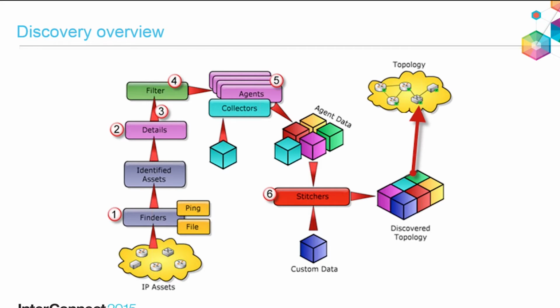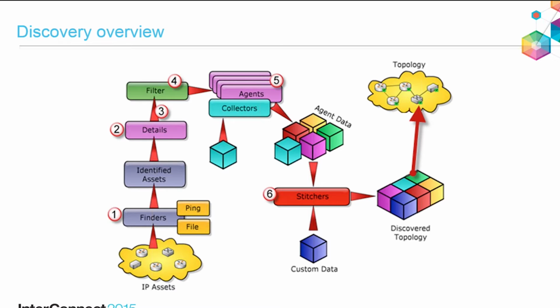Anyway, at that point, we then hand it over to the stitchers, which will basically do two things. One, they'll analyze all that data and build the containment links. In other words, the devices to the interfaces, to the slots, and all the logical links within the device itself.